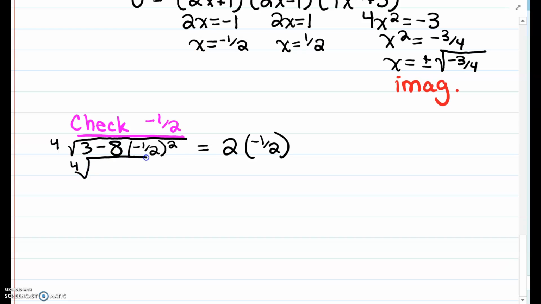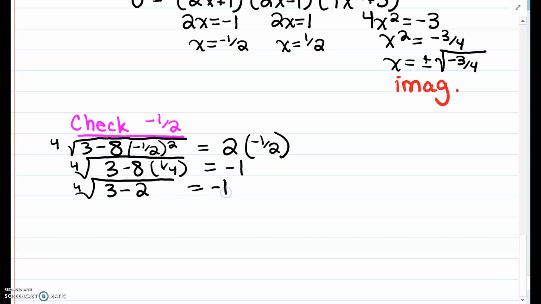And we just solve: 1/4 equals negative 1. And we get the fourth root of 1 equals negative 1. And this is not true.